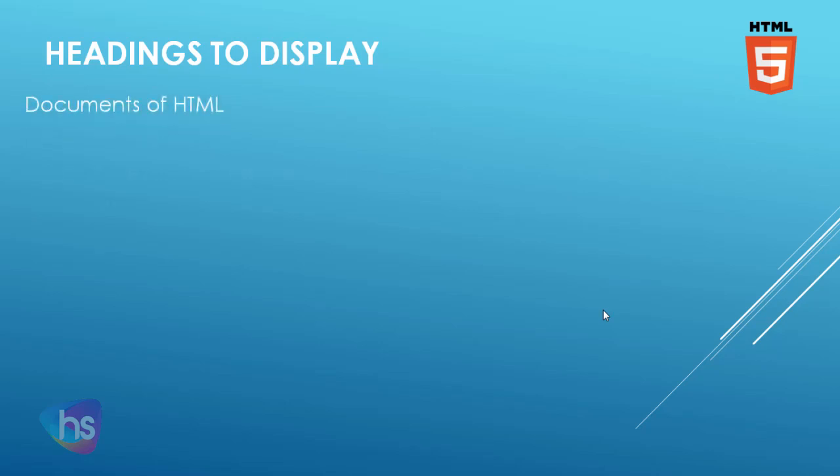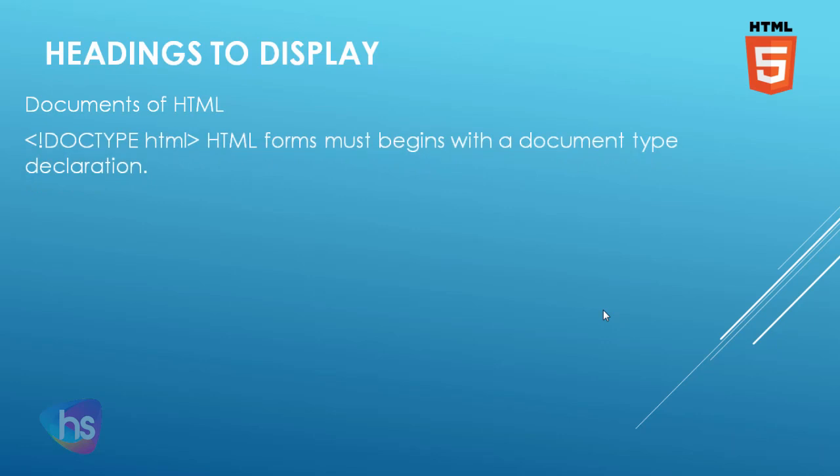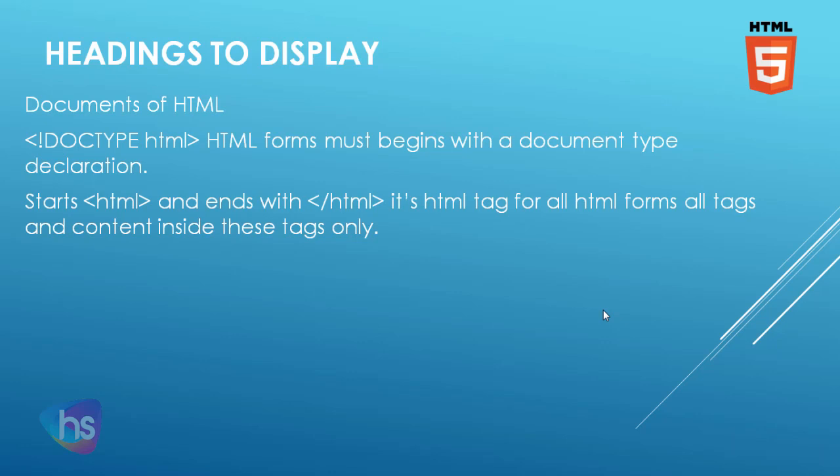An HTML document must begin with the document type declaration, then start with the html tag and end with the closing html tag. You'll see the start tag and end tag here. The start tag is less than html greater than, and it ends with the same tag, whereas before html there is a forward slash, which indicates the end tag.